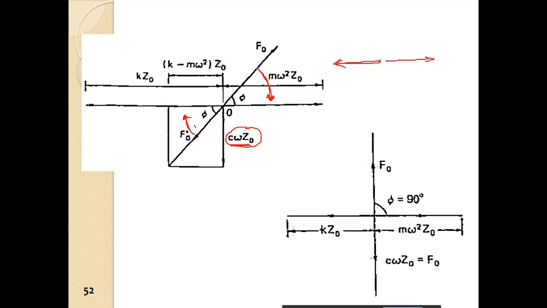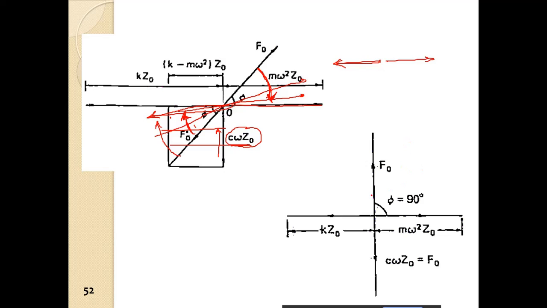The force moves in phase with the acceleration, and the resultant will move up to here, so the angle phi will reduce. Basically it will be like this if c reduces, or if it reduces way too much, it will be of this sort, so it will move in phase. As c reduces, this component will reduce, and the resultant will move up and be in phase with the acceleration.